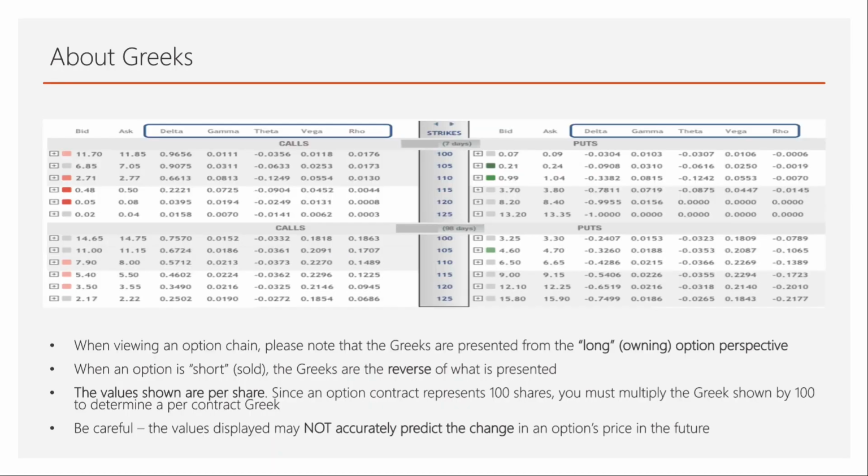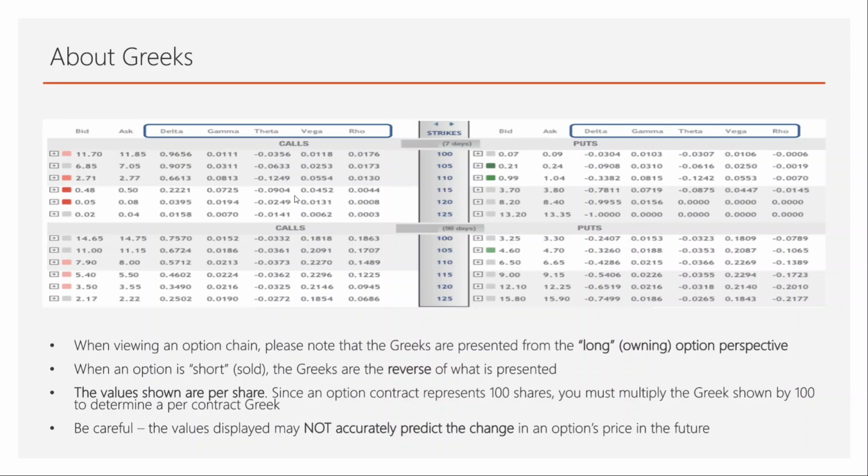Let us see what these Greeks are and why we need to know about them. We have delta, gamma, theta, vega, rho for call options and delta, gamma, theta, vega, rho for put options. Whatever you see in the options chain, all these Greeks are presented from the long option perspective. The left ones are the Greeks for long call and the right ones are the Greeks for long put.